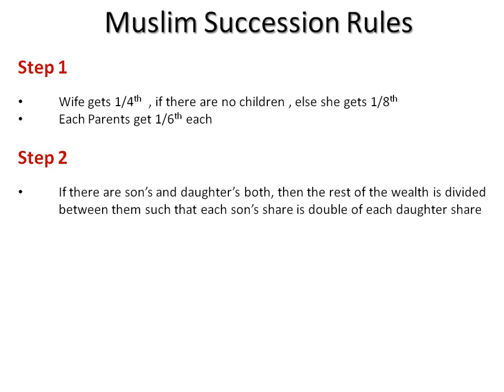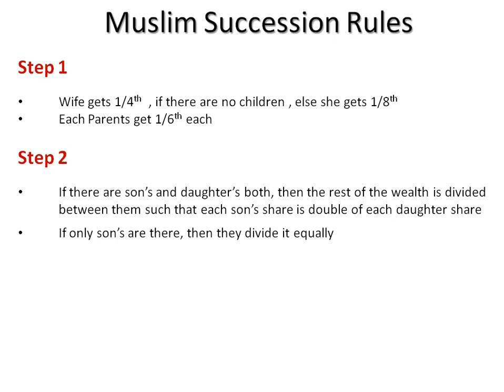Then how do we divide it such that each daughter's share is half of their brother's share? So both the sons will get 20 lakhs each and the daughter will get 10 lakh. In that case, this whole thing will be applicable. So each son's share will be 20 lakh and that will be double of his sister. So that is the first point.